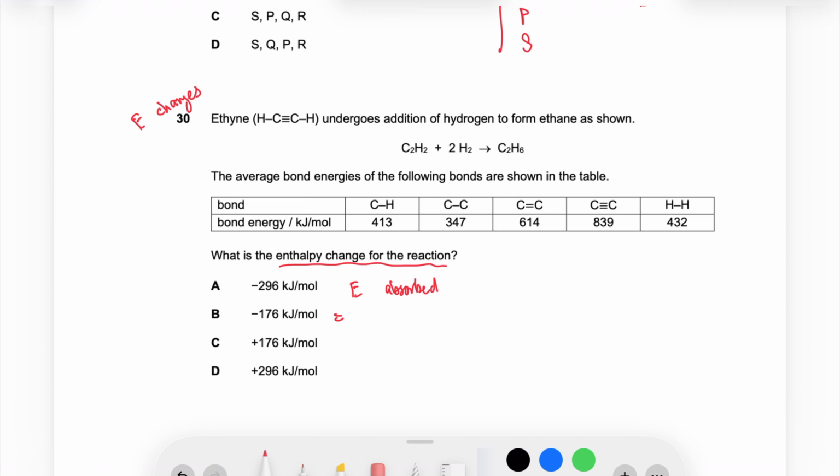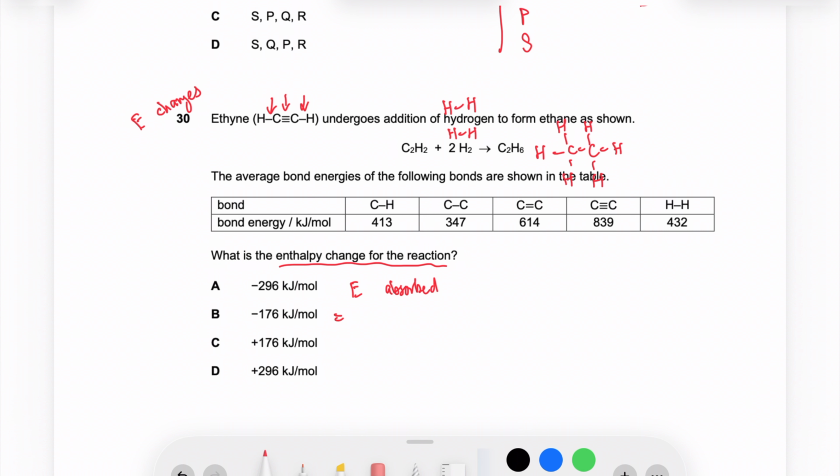So this one, the drawing is already drawn here, and then hydrogen is a single bond. Okay, for this it will be... alright. So energy absorbed. So you're going to break this one, and this one.